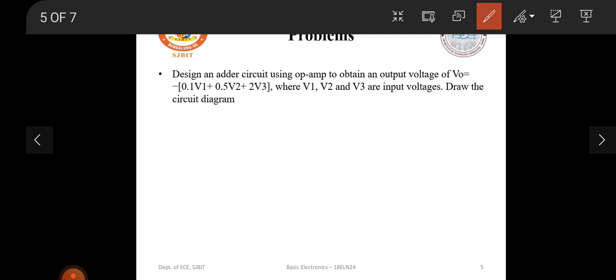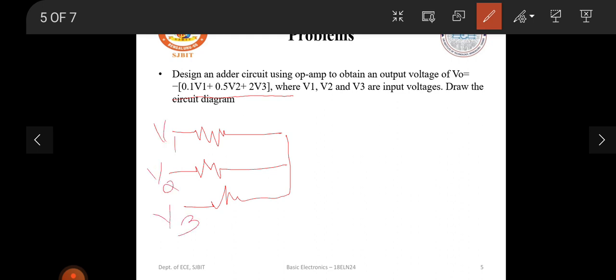We already know from the given output voltage equation that the summer circuit is representing an inverting amplifier. So I have three voltages V1, V2 and V3, with resistors R1, R2, R3.